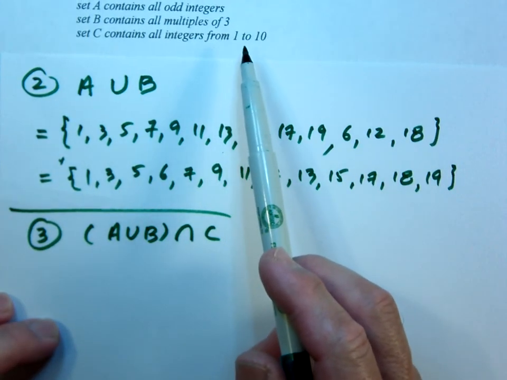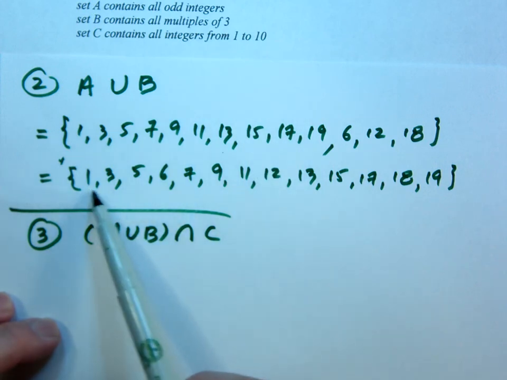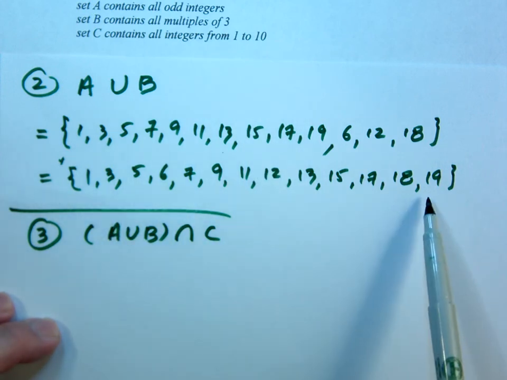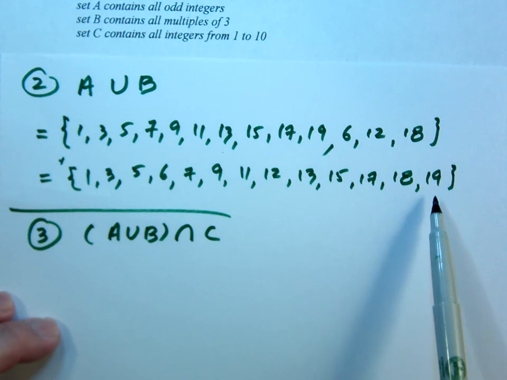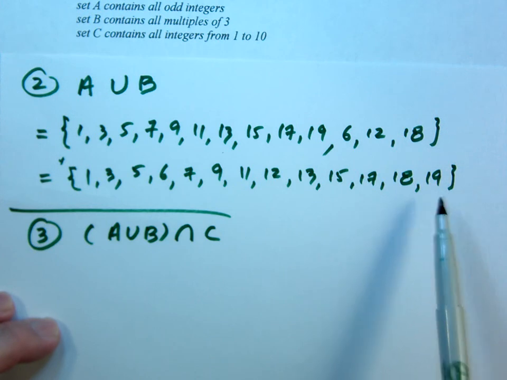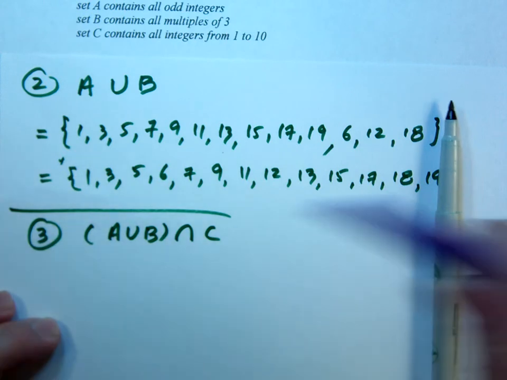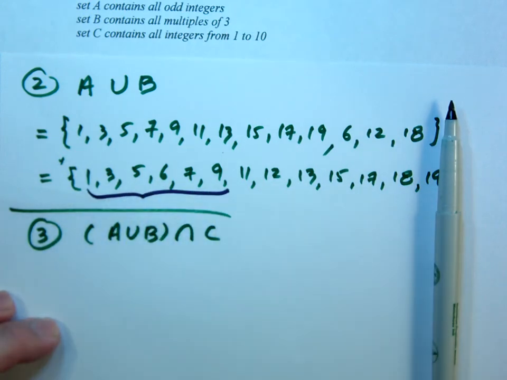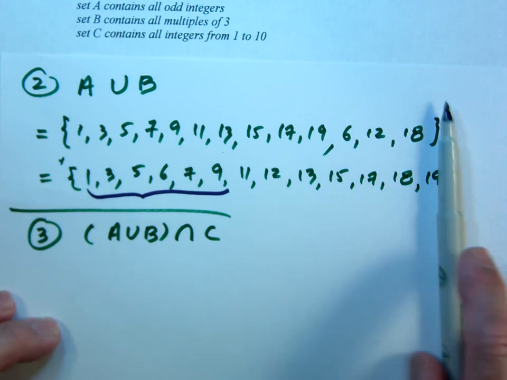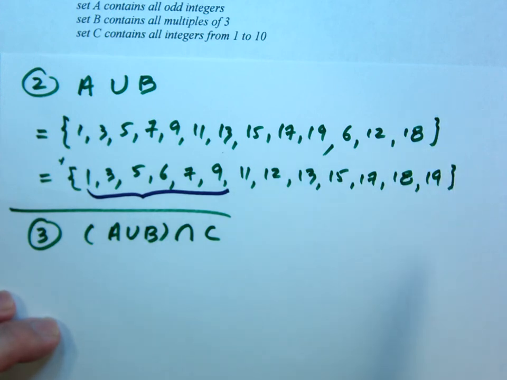So basically what we're looking for is to look at this big list of A union B and pick off the integers from 1 to 10. And basically that's just this. Hope now you see why I decided to write the result of number 2 in ascending order. It's easy to pick out the answer for number 3.